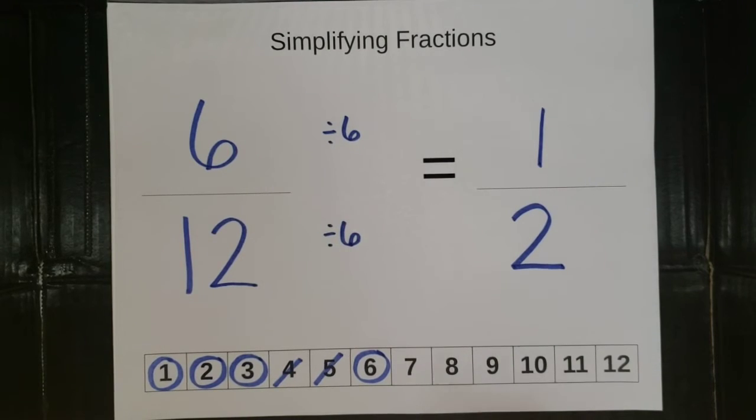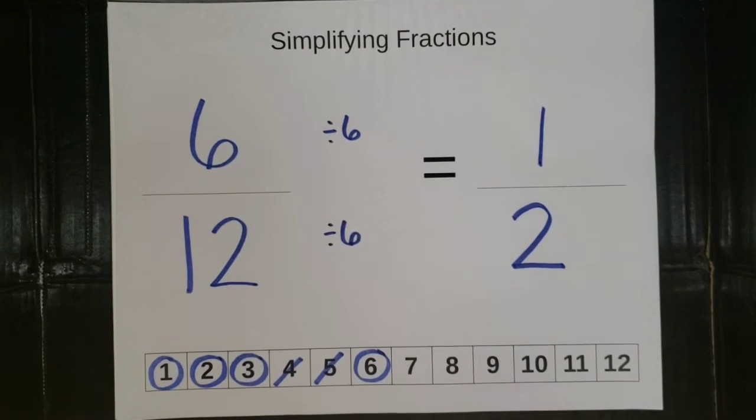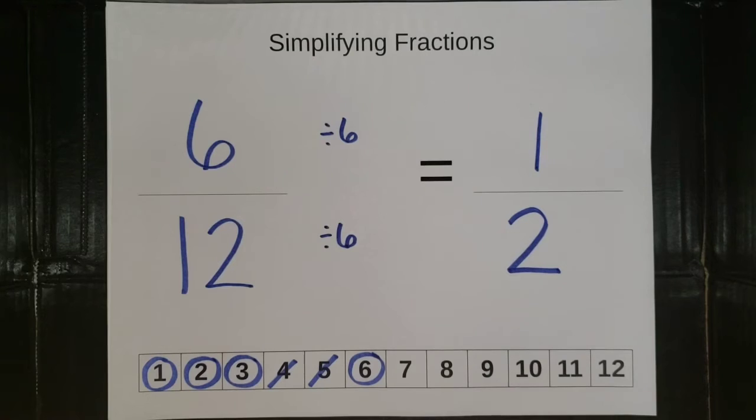Now, in theory, you could continue to divide both your numerator and denominator by 2 until you got down to the simplest form. You could also try that with another factor, such as dividing both the numerator and denominator by, let's say, 3, 4, or 5.